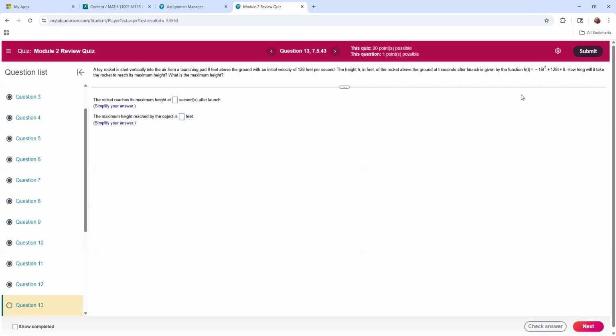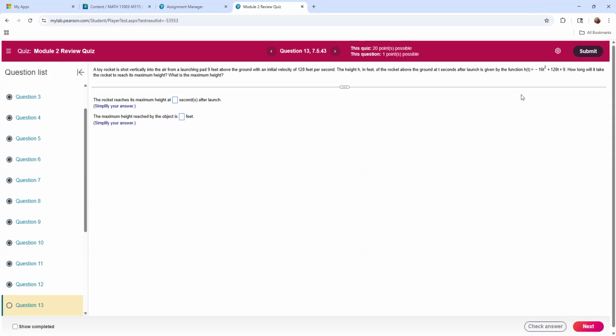H of t equals -16t squared plus 128t plus 9. So what this formula is, h of t, h is for height, and t is for time. So the height can be given if we know what time we're looking at, okay?